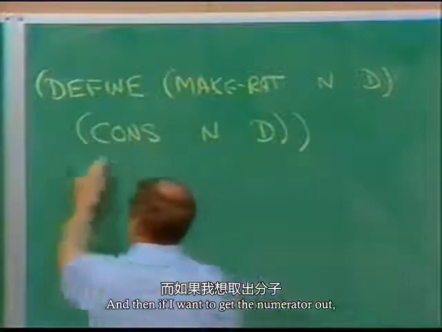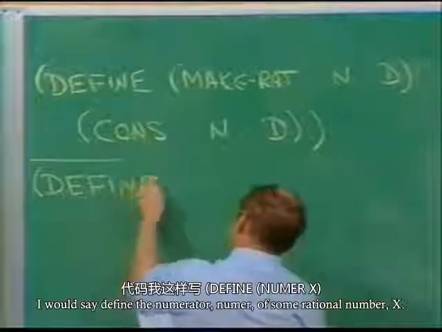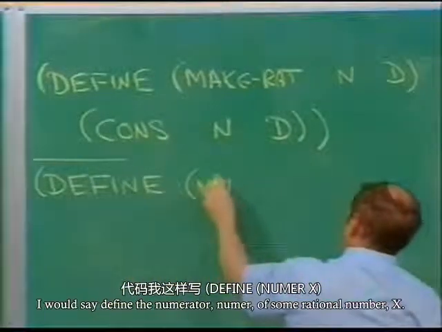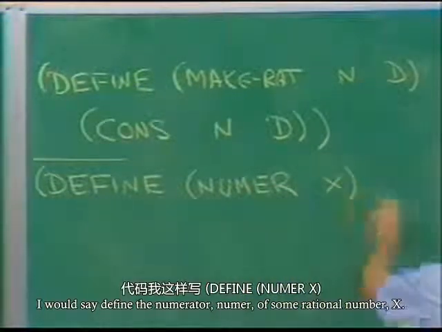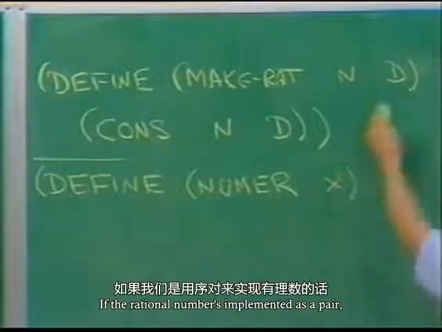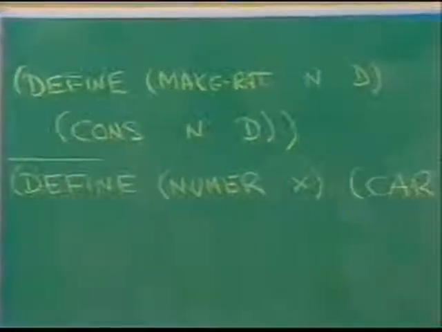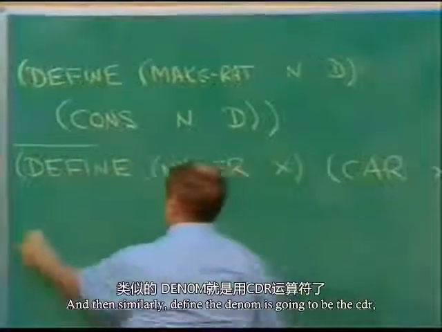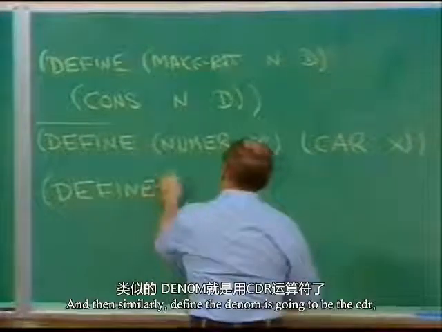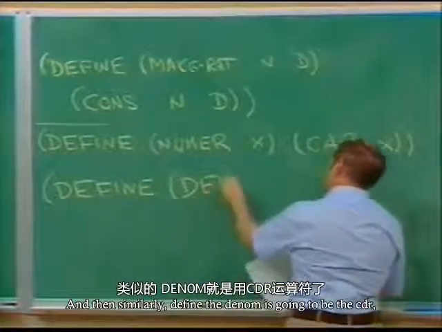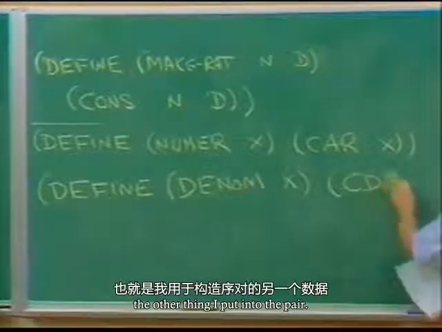Then if I want to get the numerator out, I define numer of some rational number x. If the rational number is implemented as a pair, all I have to do is get the car of x. And similarly, denom is going to be the cdr, the other thing I put into the pair.